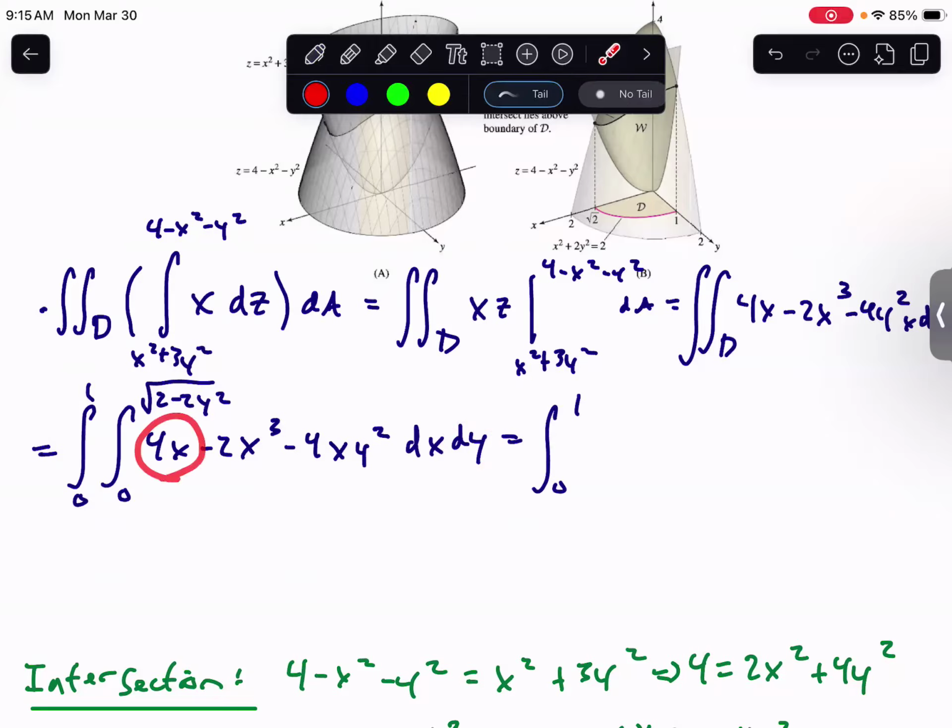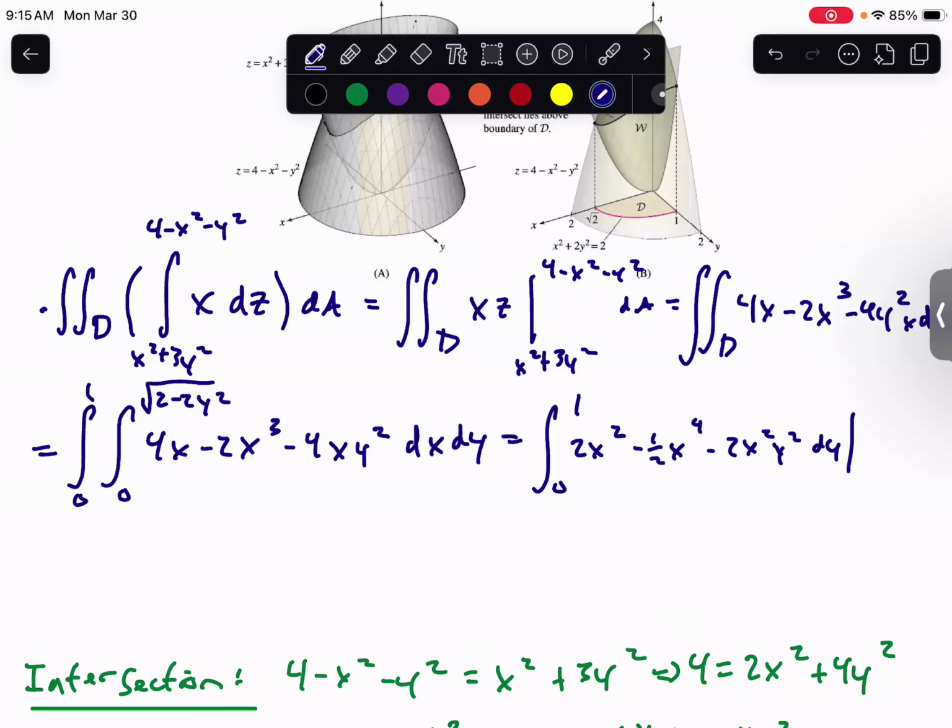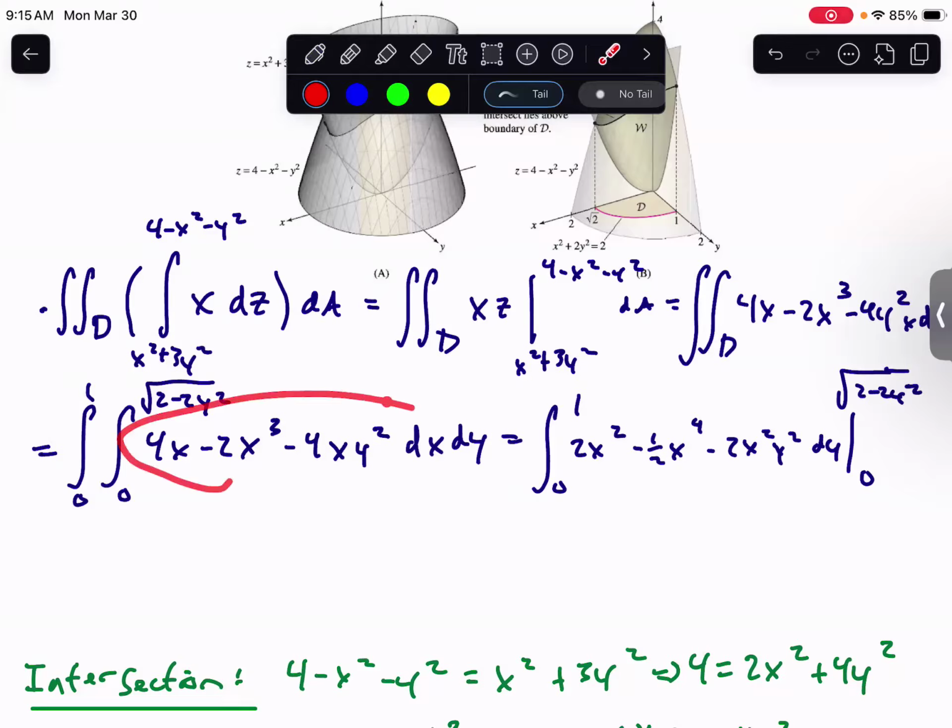This is going to become 2x squared, so you get 2x squared, minus 1/2 of x to the 4th power, and then minus 2x squared y squared, and then you'll have a dy. This is going from 0 to the square root of 2 minus 2y squared. That's just the integral of this with respect to x, which gives you this function here.